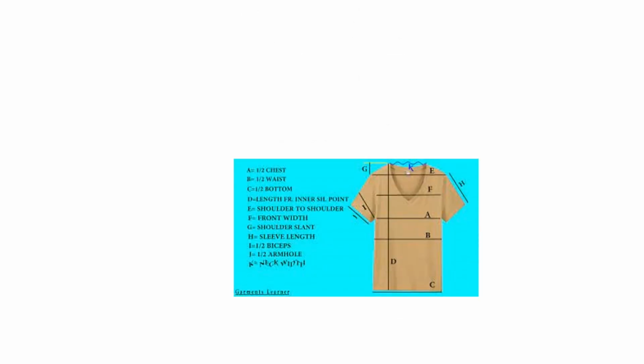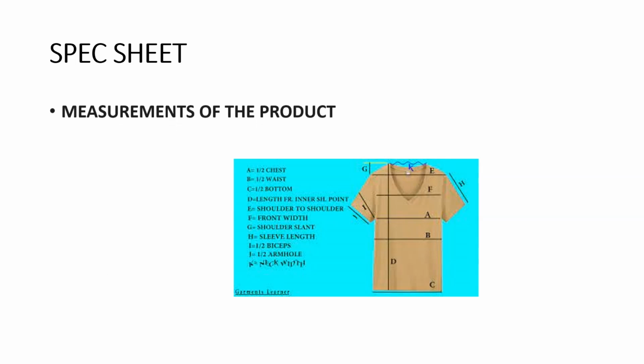What do you mean by these, students? In the specification sheet, there is also very important information, that is the measurement of the product, which is very important because according to the size, what are the different measurement areas there, width, length, the shoulder, all these things are the points of measurement.